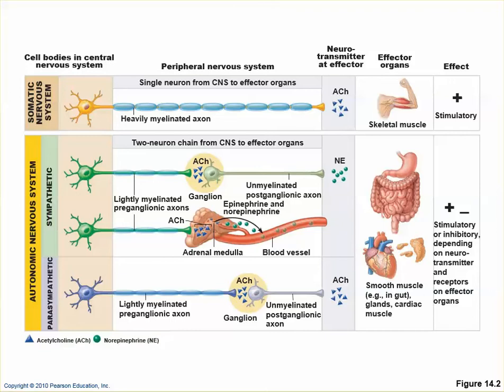In the sympathetics, lightly myelinated, they release acetylcholine, but they do it at a ganglion. And so there's a second motor neuron leaving the ganglion. In most of them, we have an unmyelinated postganglionic axon that releases norepinephrine.